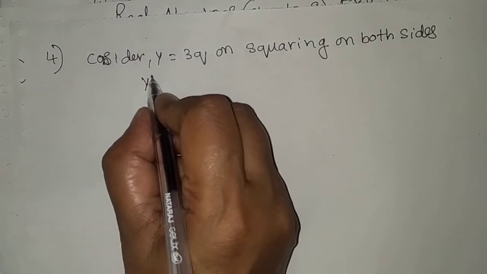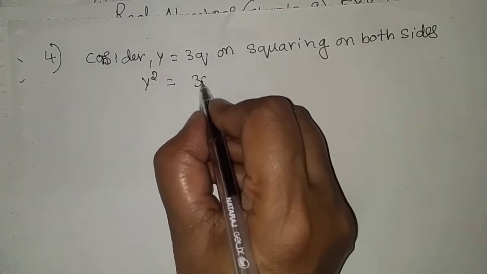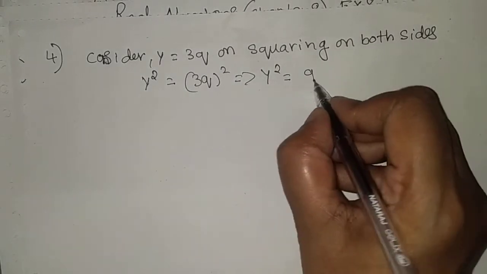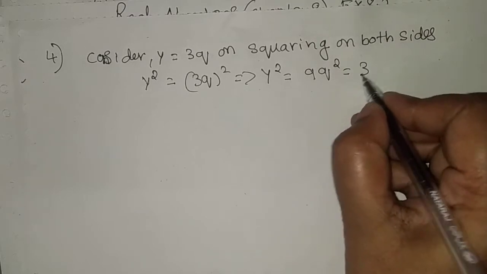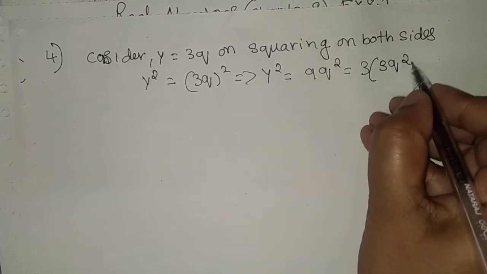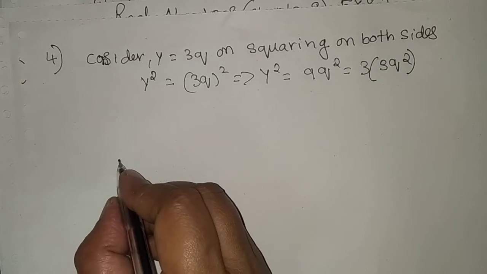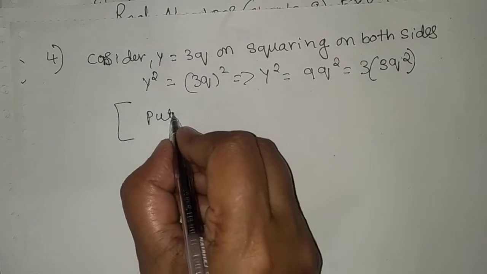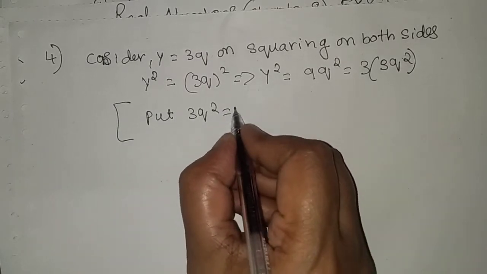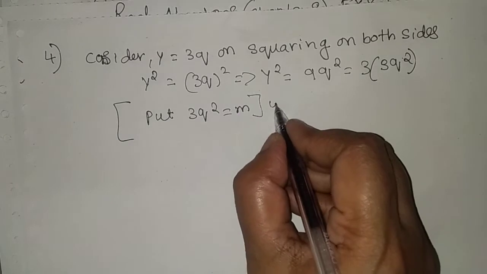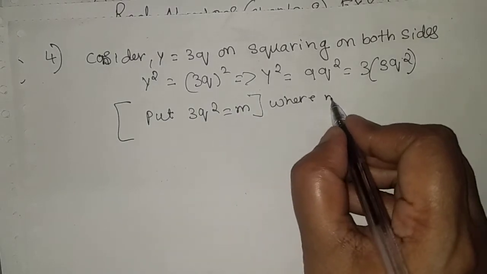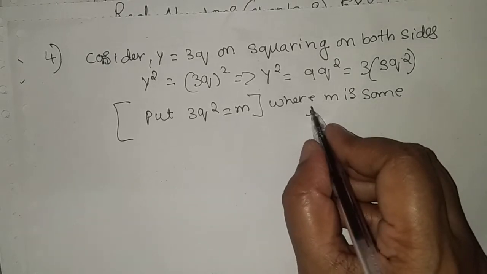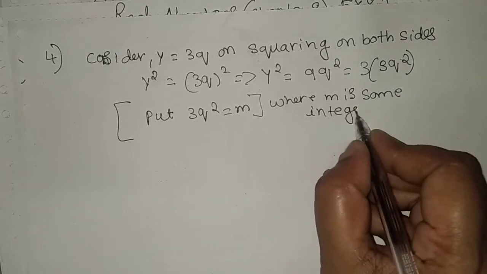Therefore y square is equal to (3q) square, which is 9q square, is equal to 3 into 3q square. Now take 3q square is equal to m, where m is some integer. So this is the actual solution of this fourth problem.